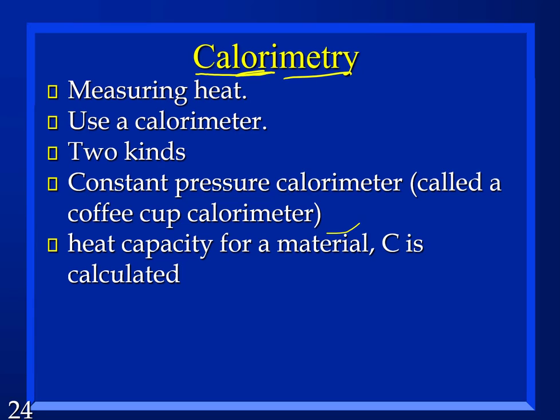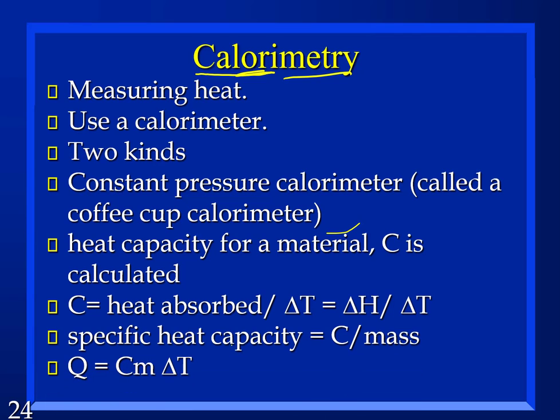And if we know how much material we have, then we can use Q equals MC delta T. We use Q equals MC delta T, and the material they use most often is water. So they fill a coffee cup full of water, and then that number 13 that we did on the bell work or the question today, that was a calorimetry experiment.